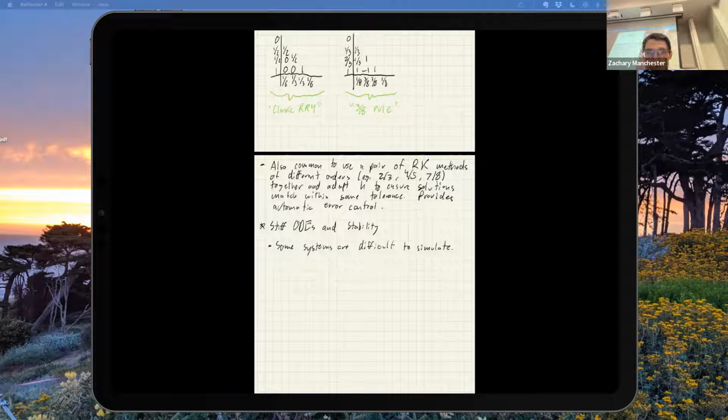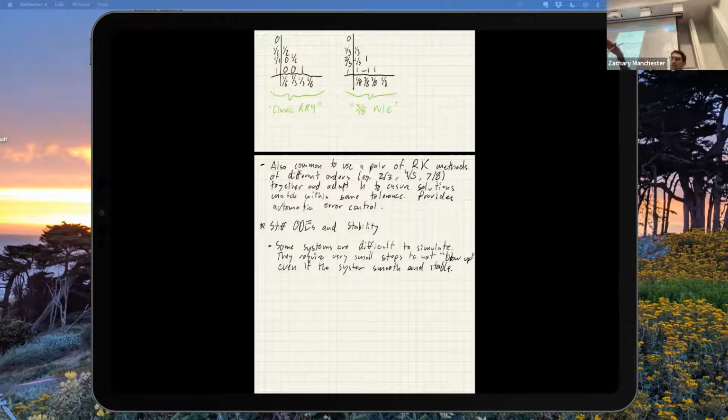The gist of this is you're going to need to take very small steps, even if the system is smooth and stable, i.e. the damped pendulum, right?